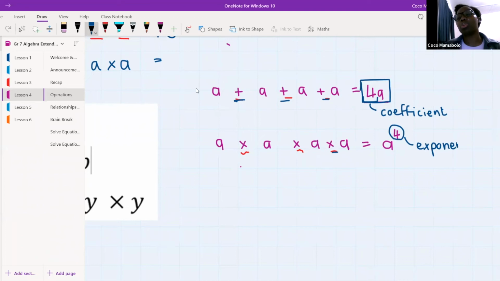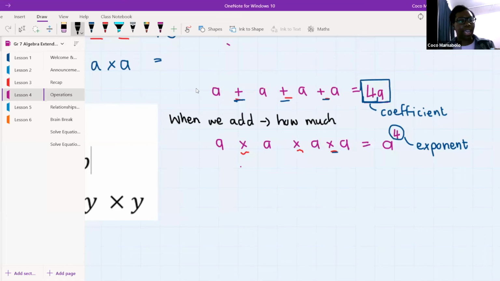An exponent. I don't think I could explain it any better than the way Bunolo has explained it. When we add, we want to see how much of something we have, how much of the variable we have.